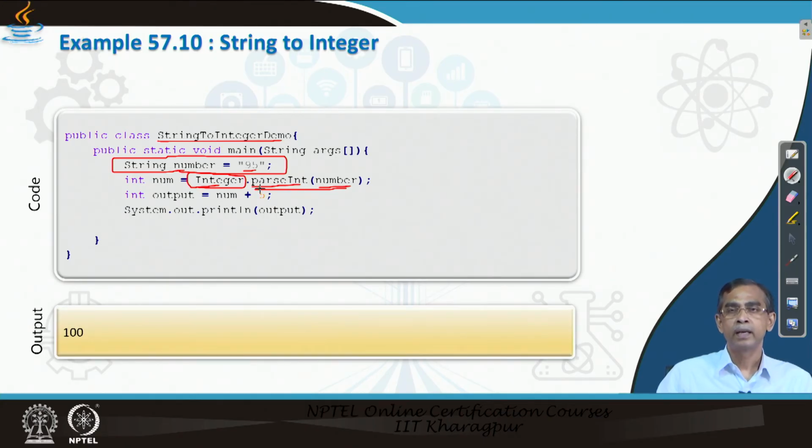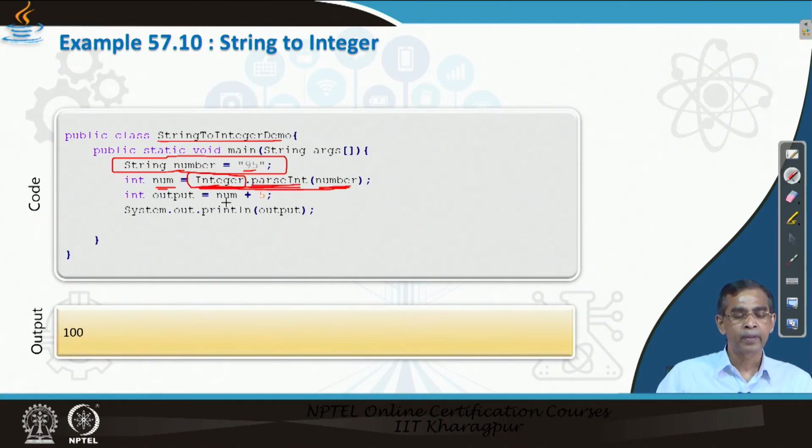This wraps an integer value into an object. Integer and Float wrap a value into a floating point value like this one. Now here, the parseInt method parses a string and returns the integer value, because we call parseInt for an integer value.